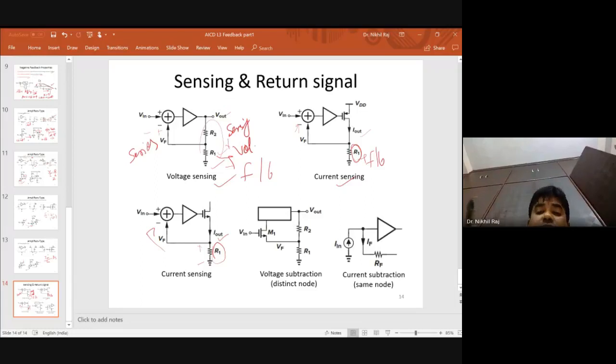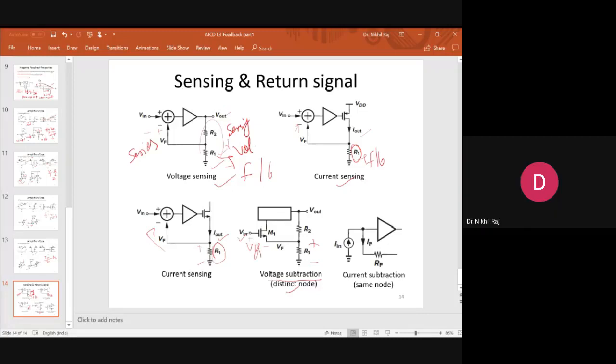In this way we define which type of amplifier it is, which is the feedback component, what type of signal is being sensed and which type of signal is being fed back. Then the fourth circuit is your voltage subtraction circuit. Why is it called voltage subtraction? This Vin is here; some part of the voltage is taken by R1, and here is VGS.